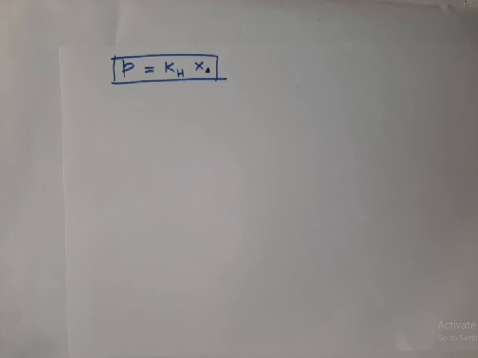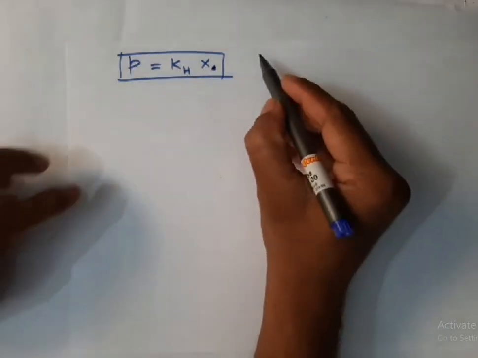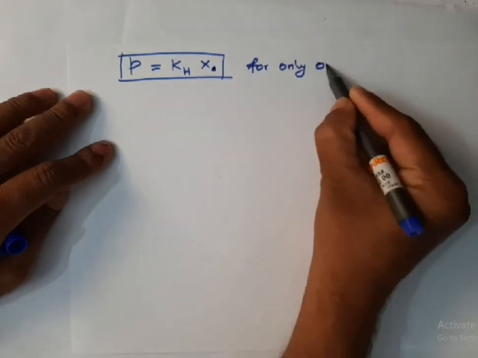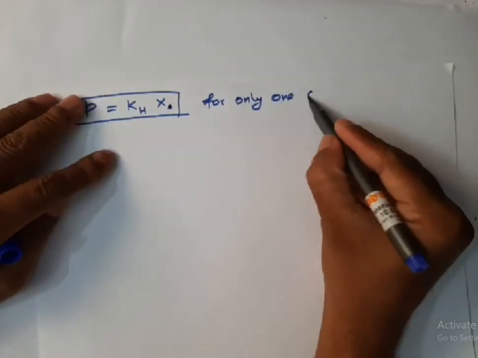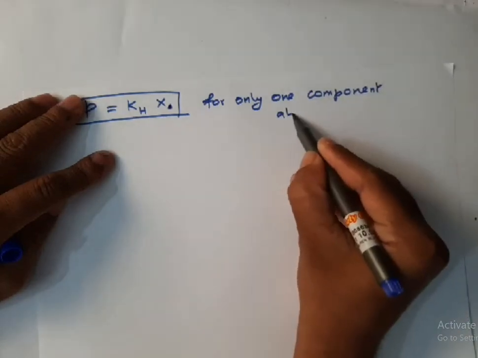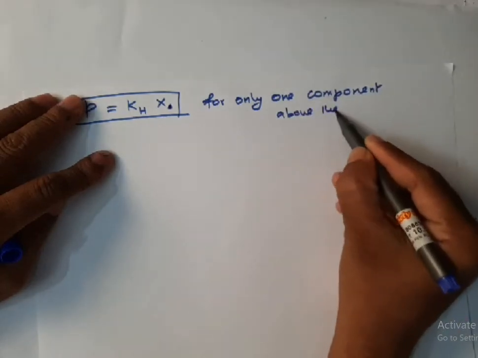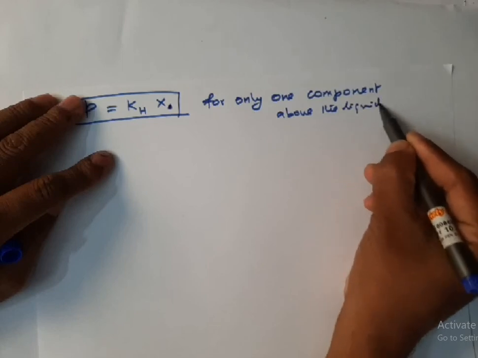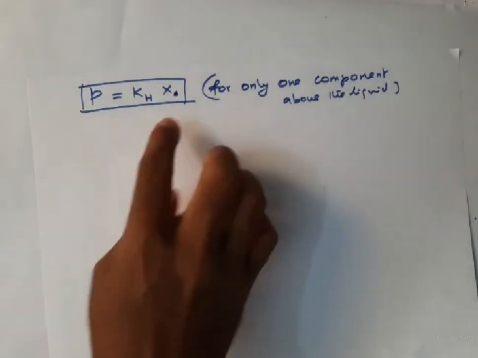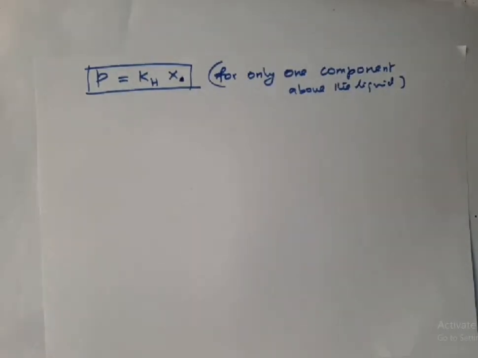Suppose you have only one component above the liquid, then you need not put the A, B symbols and all. You can write simply P is equal to KH into mole fraction.